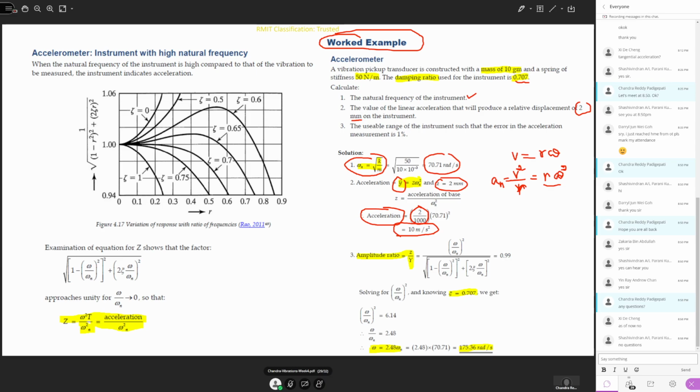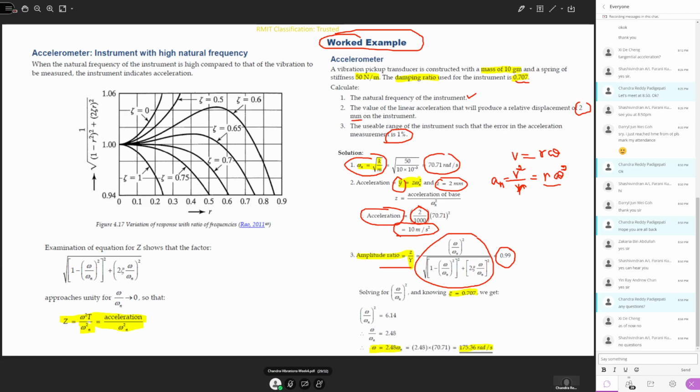The next part is the usable range of the instrument is such that the error in the acceleration measurement is 1%. So here the error is 1%, so the amplitude ratio is 99%. You can say that the amplitude ratio is 0.99. Then we use the formula for the amplitude ratio, and from here we need to calculate the omega.